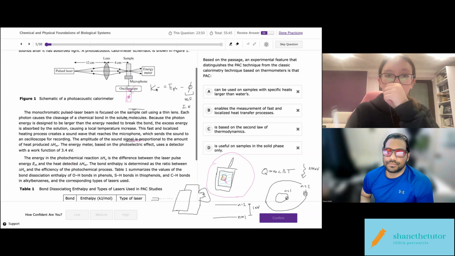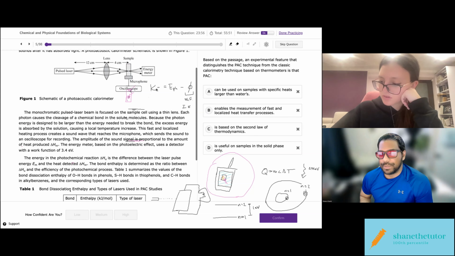So kinetic energy equals energy of photon minus ionization energy, and that ionization energy is called the work function.